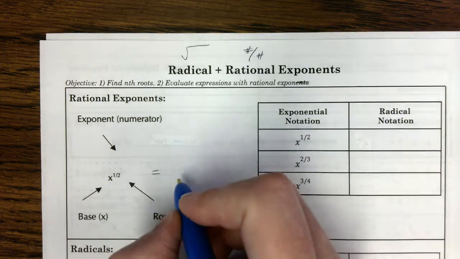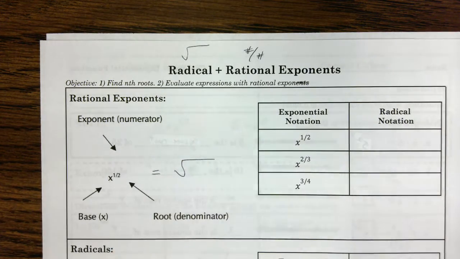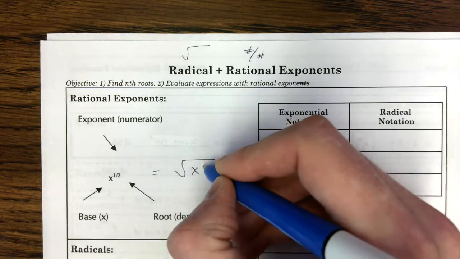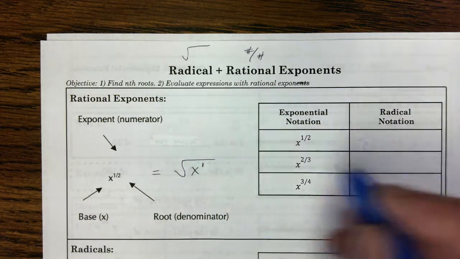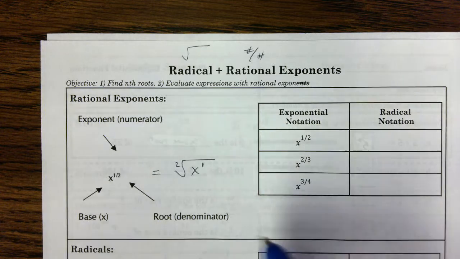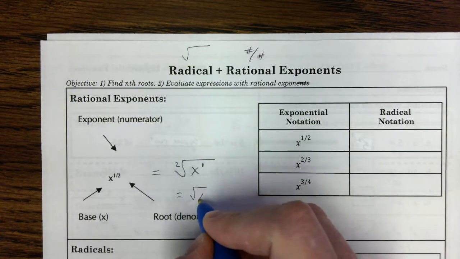So we could rewrite this as the square root. The base stays in the bottom, underneath. The exponent is the 1 and the root is the 2. Now these are invisible numbers. Most of the time we would just rewrite this as the square root of x.